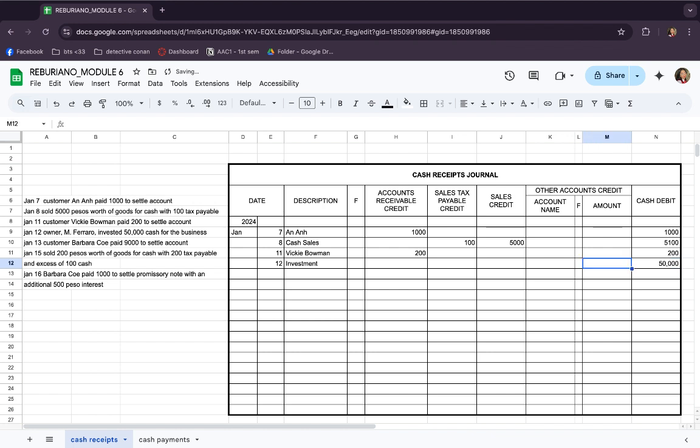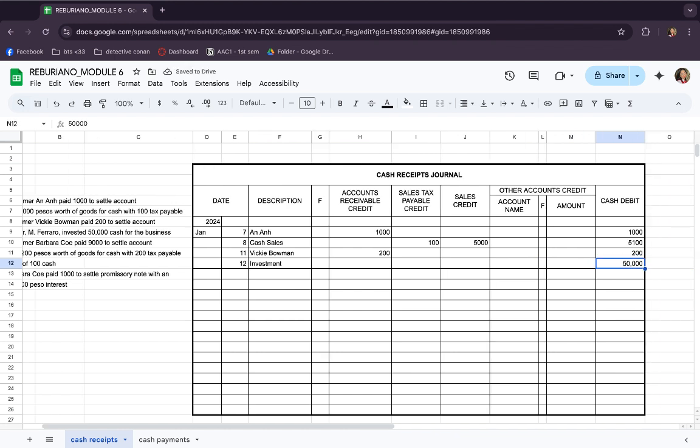And then, since the capital account is not available in the given account titles here, accounts receivable, sales tax payable credit, and sales credit, we will add an additional account under other accounts credit.